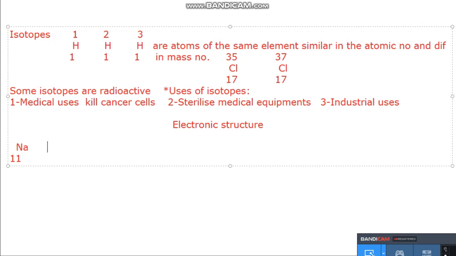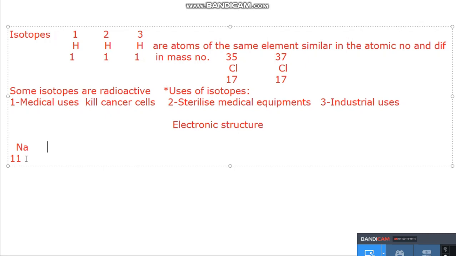So how can we distribute these electrons on the energy levels? As we said before, any atom in the periodic table can have from 1 to 7 energy levels. The lowest atom has only 1 level, and the largest atom has 7 levels.